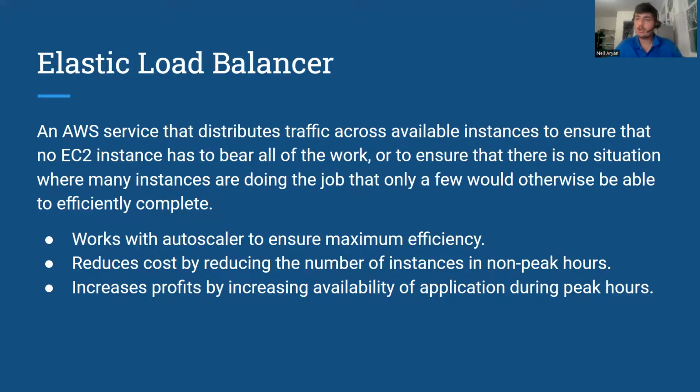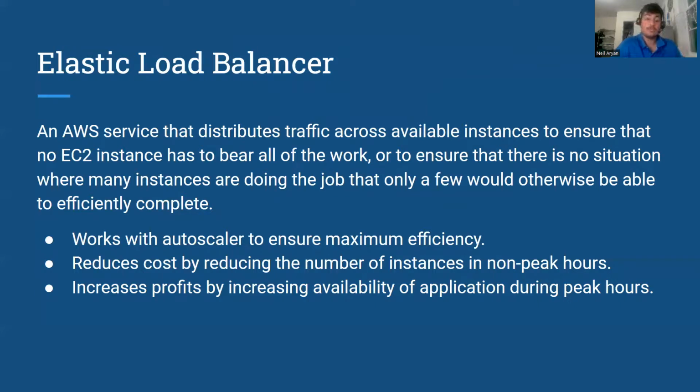So it works with the autoscaler to signal that, hey, the traffic is pretty low. We don't really need this many instances. So the autoscaler will essentially reduce the number of instances in your fleet.